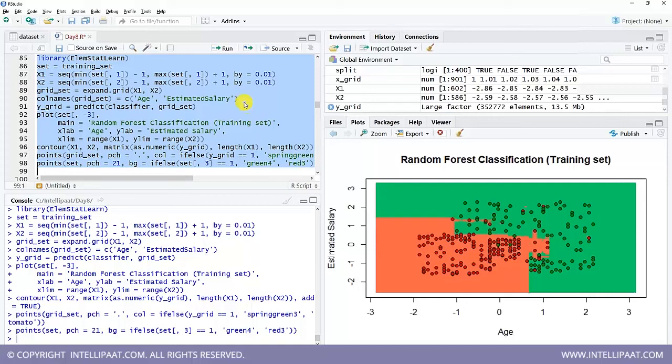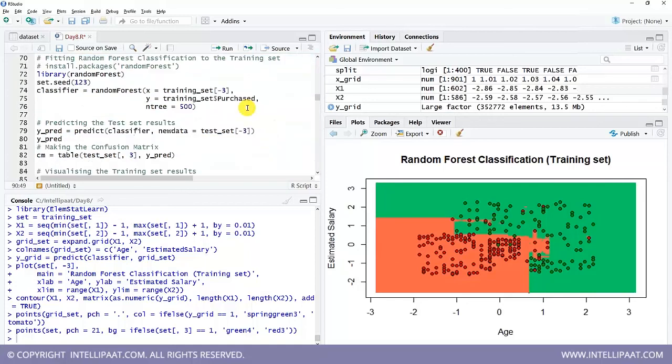Okay, how many trees did we use? We used 500 trees. Maybe that's a reason. So what I call overfitting is this stretch. You see this red stretch here, and something here as well, and something here as well.